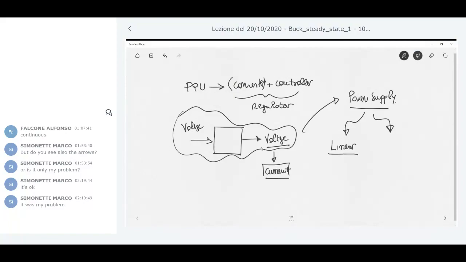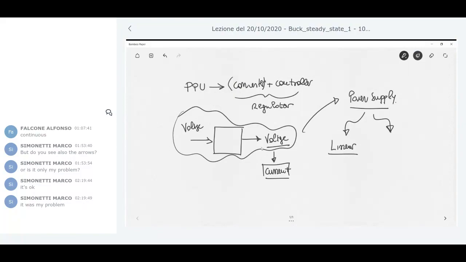Linear regulators are made by using transistors that are operated in their active region. Remember that when you operate a transistor in its active region, this transistor dissipates a huge amount of power due to the fact that simultaneously we have a current flow into the transistor and a voltage drop across it.